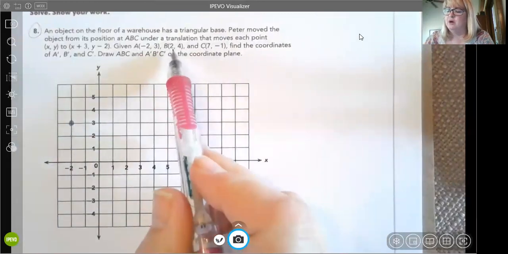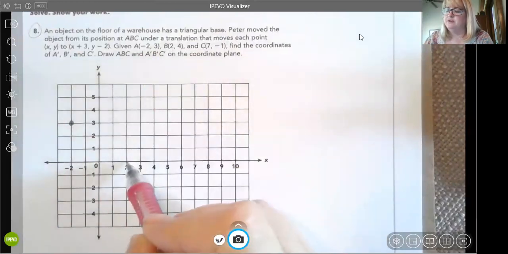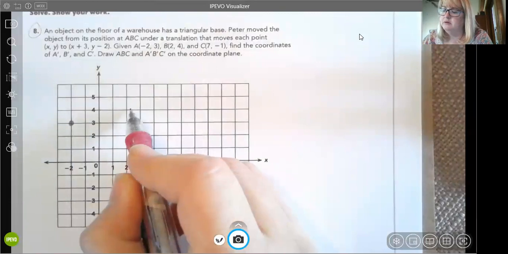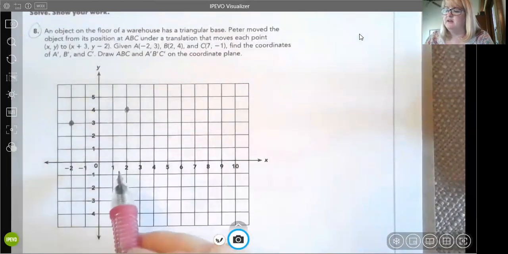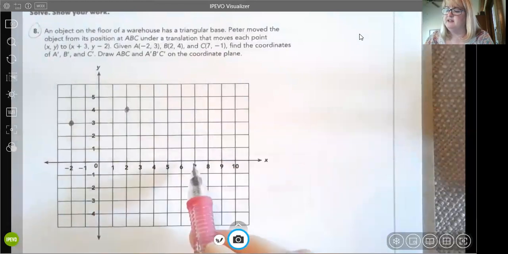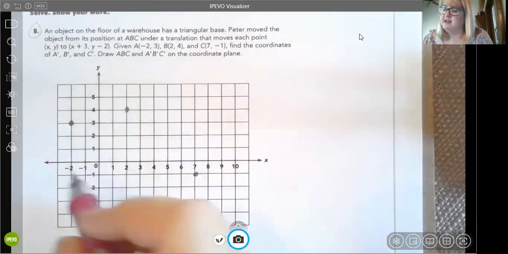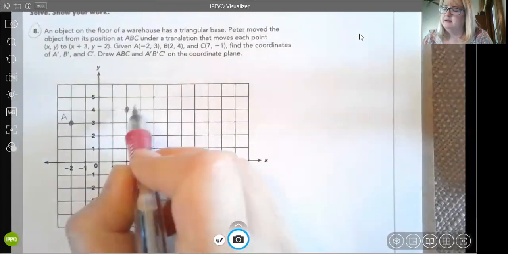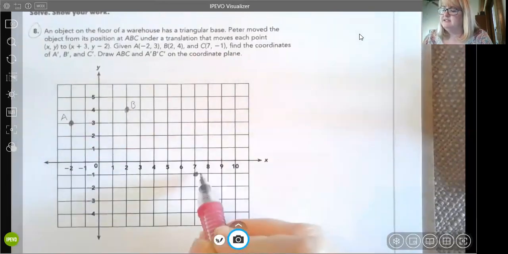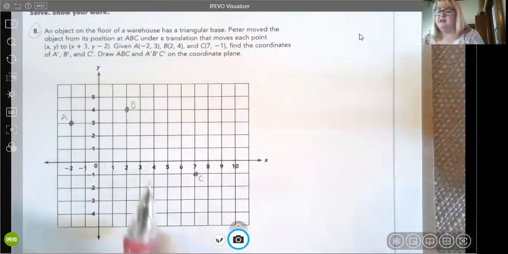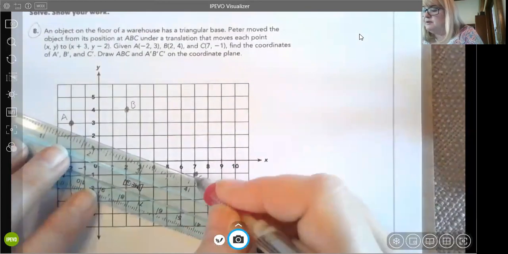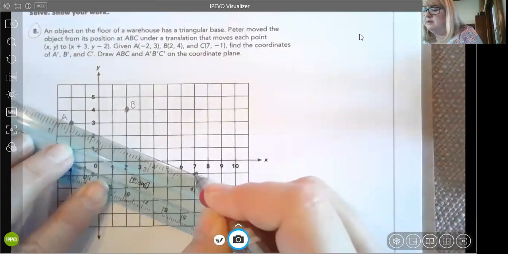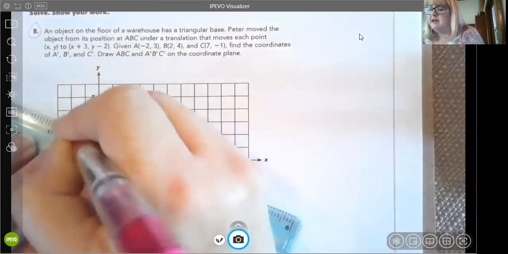B is at 2, 4. So we're going to go forward 2, up 4. And C is at 7 and -1. So we're going to go over 7, down 1. And I need to label that. A, B, C. Let's go ahead and connect them to make the triangular shape. Got that.